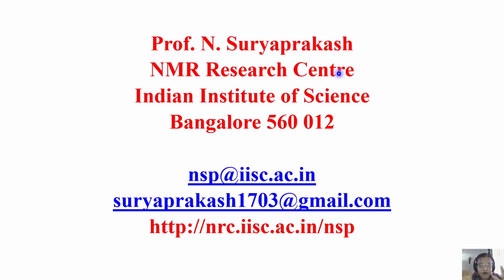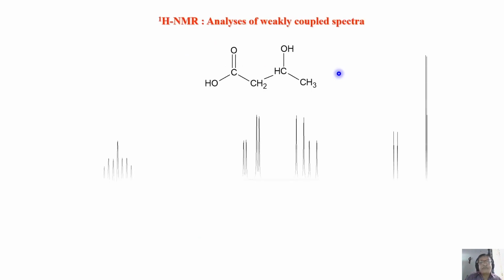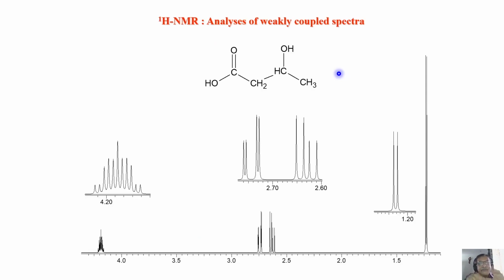Taking all this into account, you are able to analyze spectra of many molecules, from small molecules to reasonably big molecules. To make you more comfortable, let us continue with this for some time today, because we will come across some tricky situations which I am going to tell you.